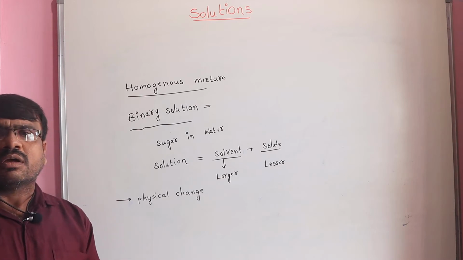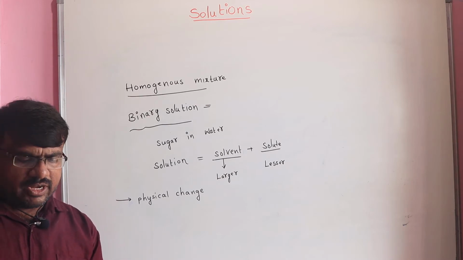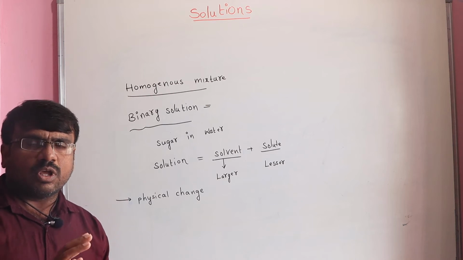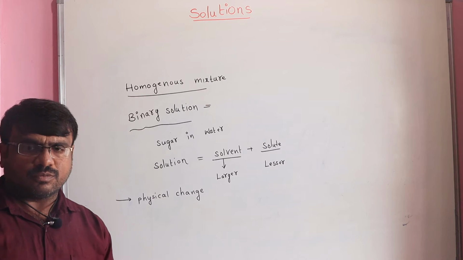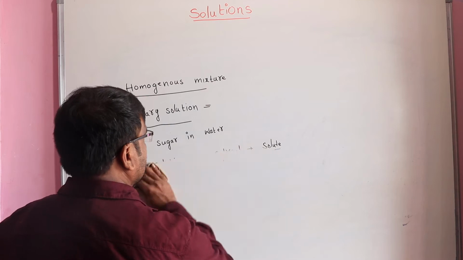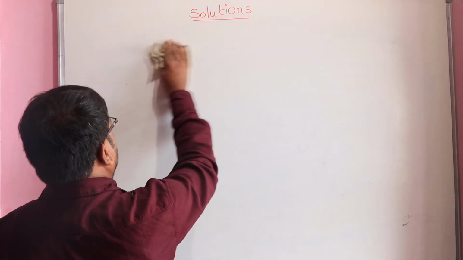Based on the physical state, solutions are classified into a total of 9 types. So I want to explain the types of solutions based on the physical state.